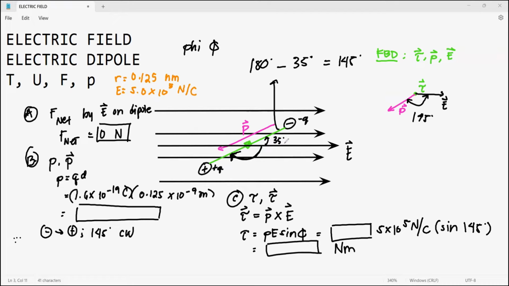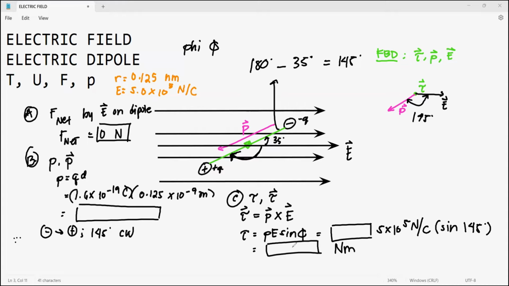For the direction of our torque, we need to use our right hand rule. But if you're having trouble or you're not very confident with your right hand rule, you can just see if your magnitude is positive, then your torque must be anti-clockwise.